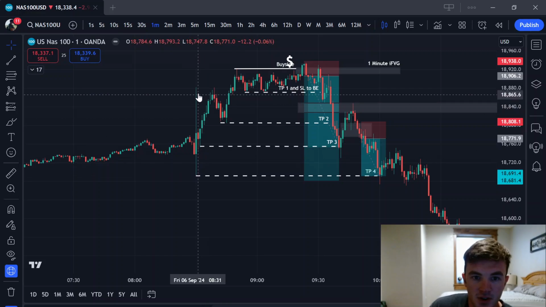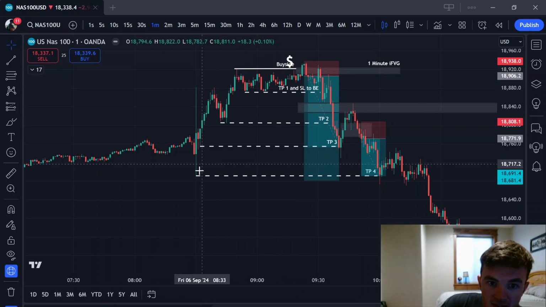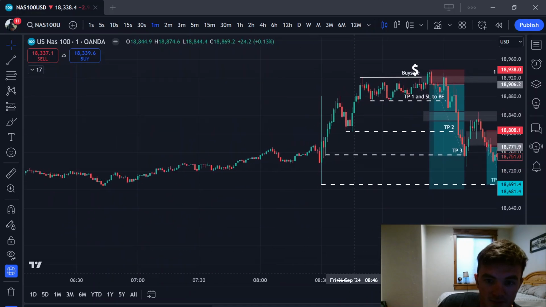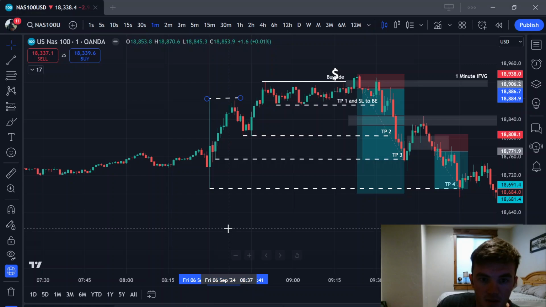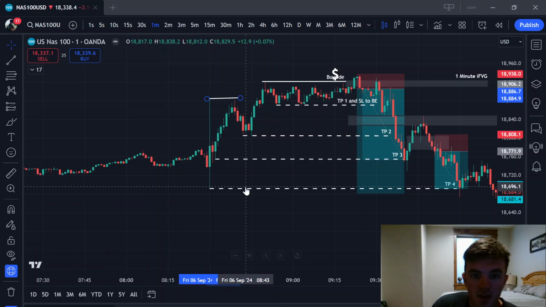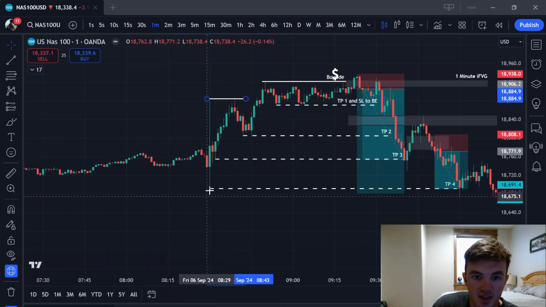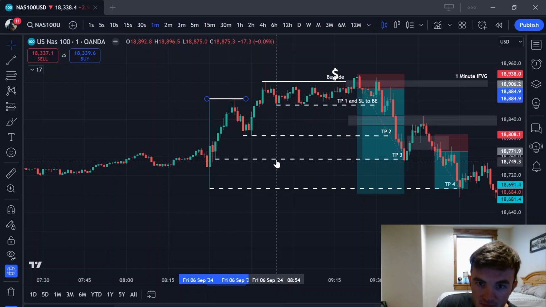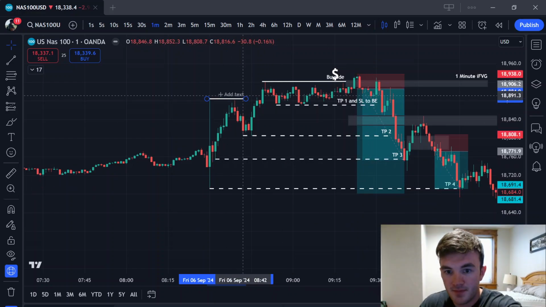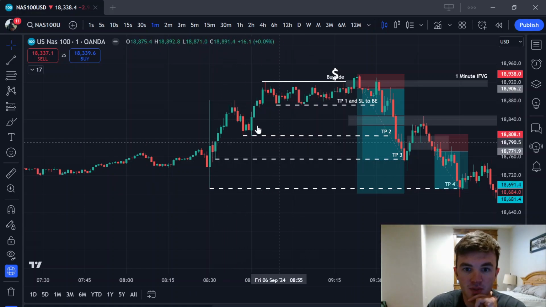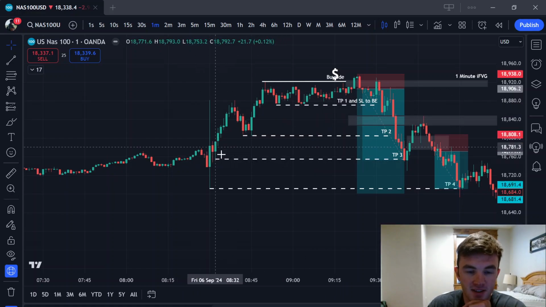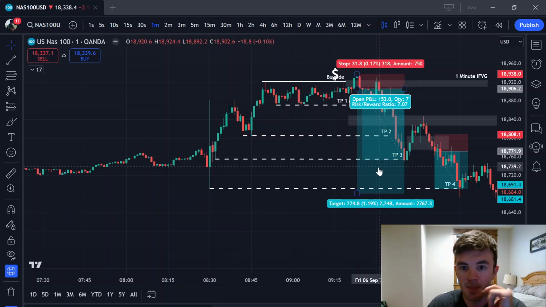It created an old low and old high, and this is called a data high right here. And this is called a data low. Price purposely comes back to these data highs and data lows with high conviction.